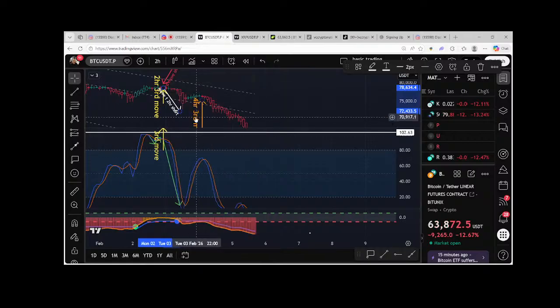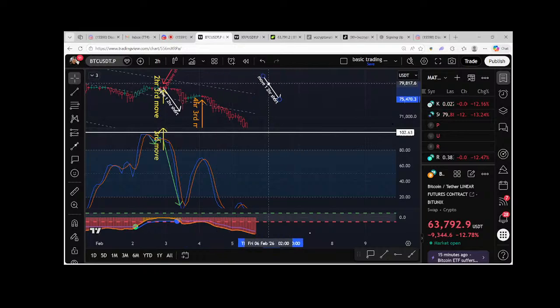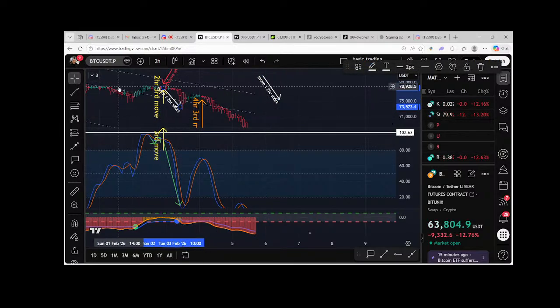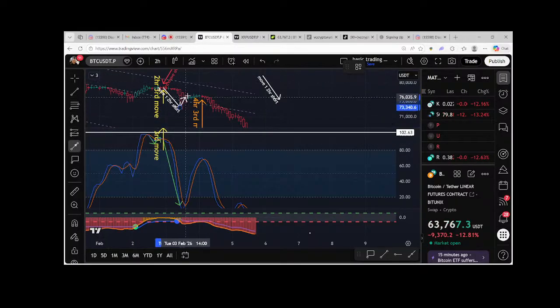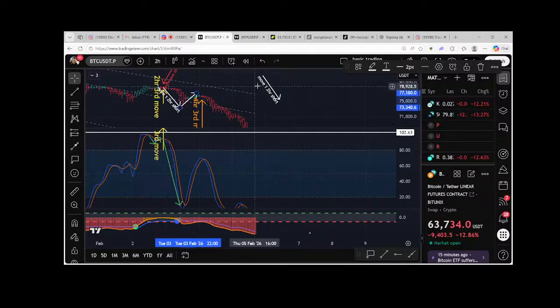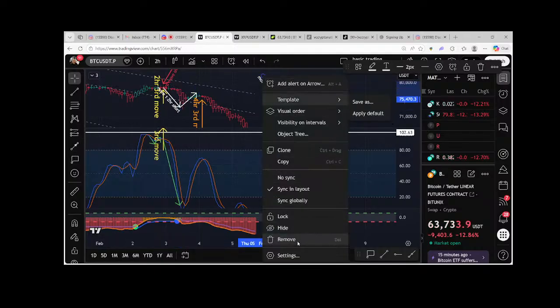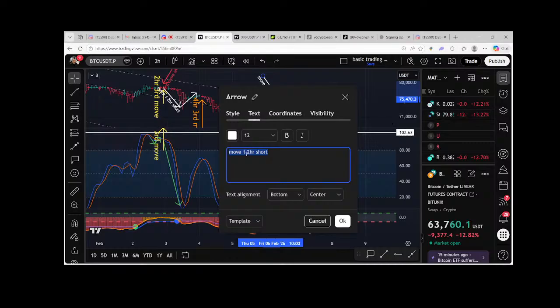I'm going to copy, paste. Okay. Now, once that move 1 happens, what happens, right? So what happens after move 1? It bounces, right? We get move 2. So we're looking for move 2. Here's move 2. See right there? There's move 2. Right. Now, this is all happening on the 2-hour time frame.